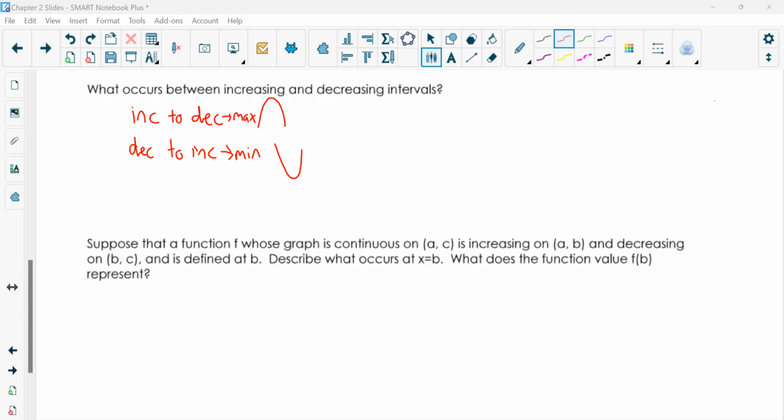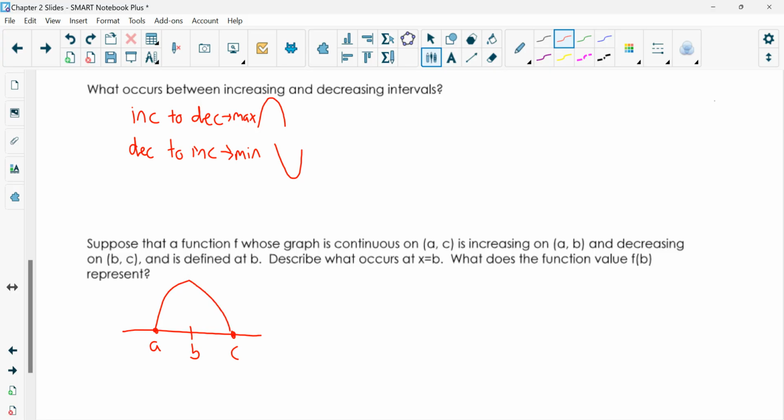So we have our x-axis here. We know that our graph is continuous from a to c, and it says it's increasing from a to some value of b, and then it decreases from x values of b to c.